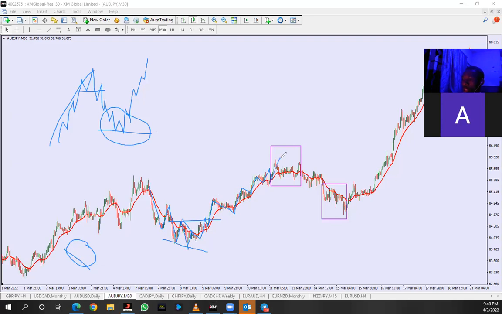So as a trader, you are supposed to have come out when you see price breaking market structure at this particular region. That is the best area where you should have come out of a particular trade. Now, you can see how the first model works.